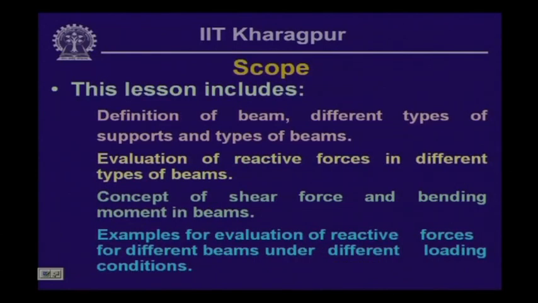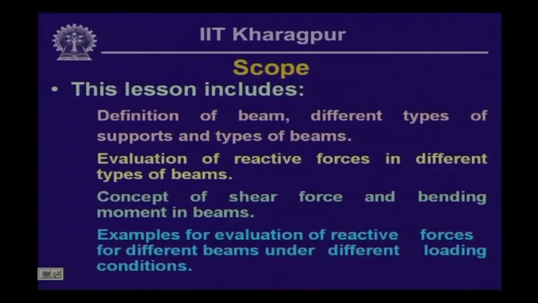Hence, the scope of this lesson includes the definition of beam, the different types of supports and types of beams. We will look into what a beam means, what the different types of supports are on which a beam member is supported, and the different types of loading that the member will be subjected to.